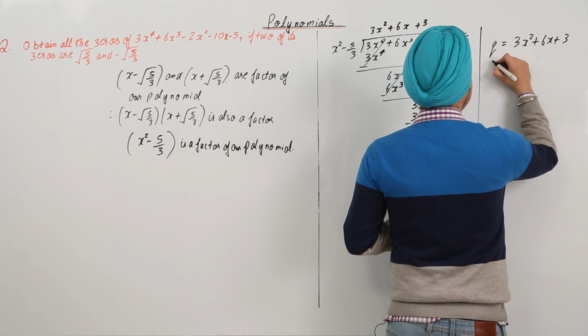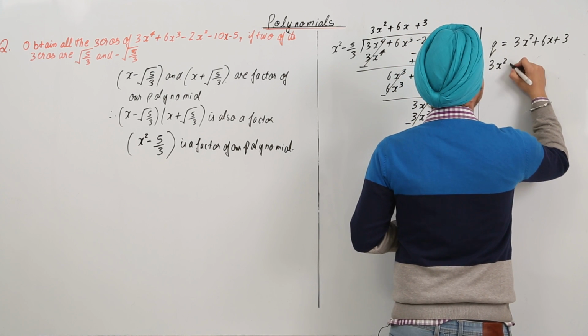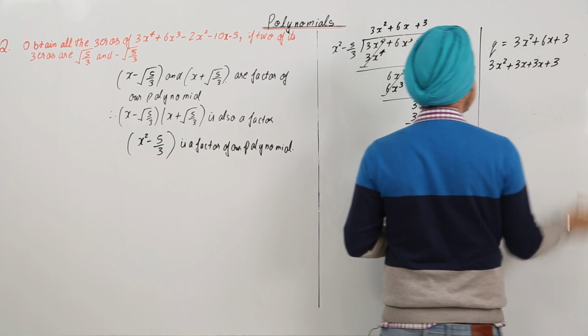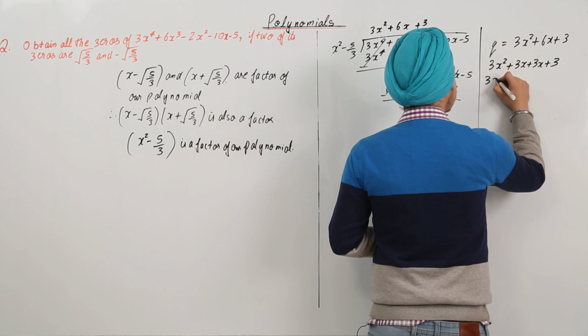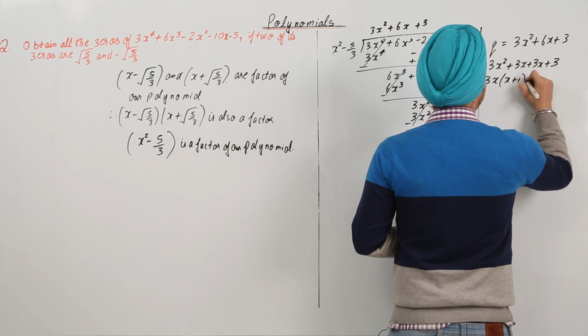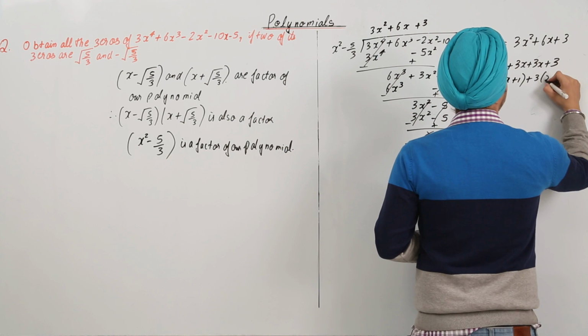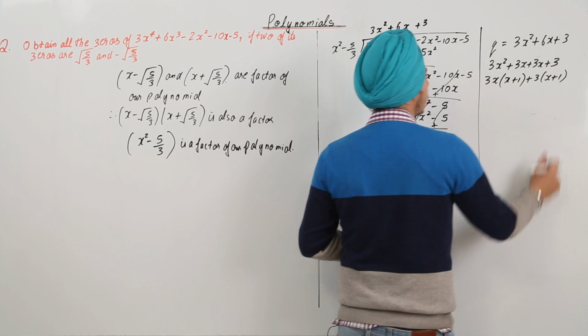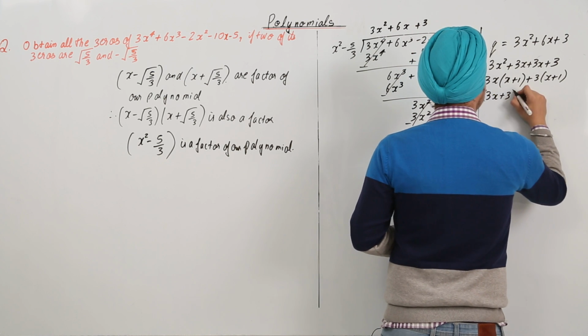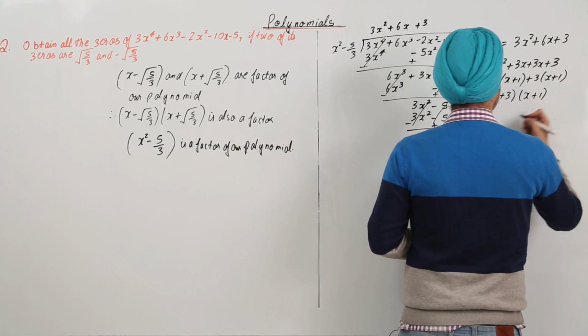Splitting the middle term. So we get 3x^2 + 3x + 3x + 3. Now 3x can be taken common from the first two terms, so we get x + 1, and 3 can be taken common from here, so we get 3(x + 1). So this is (3x + 3)(x + 1).